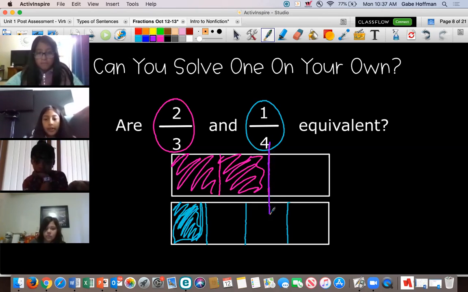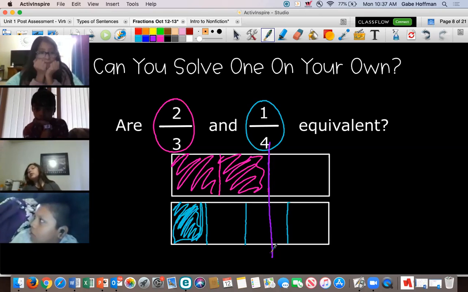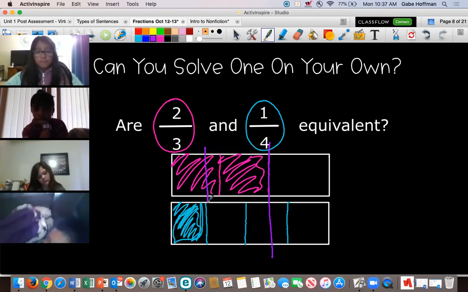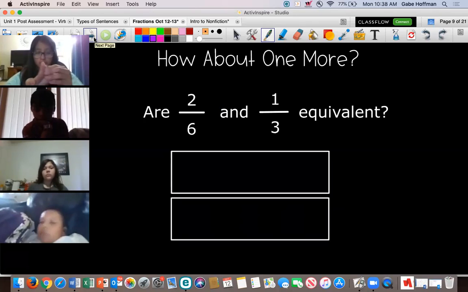They're not the same. Yep, they don't line up. So our 2/3 stops here and our 1/4 stops here. That's not the same spot, so they're not equivalent. We're gonna do one more example.